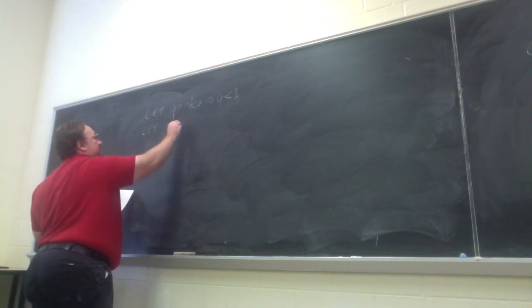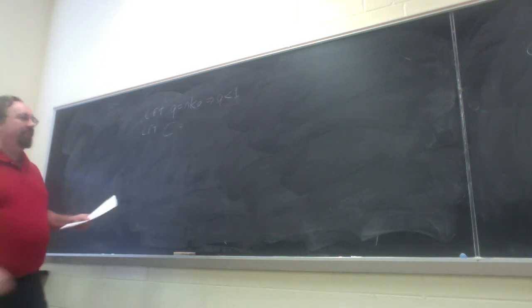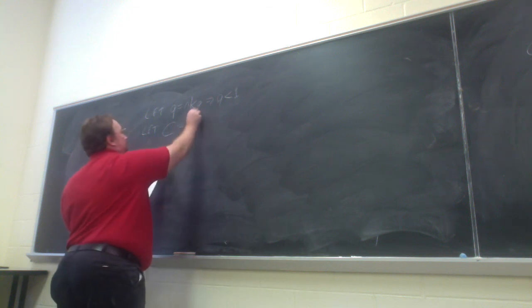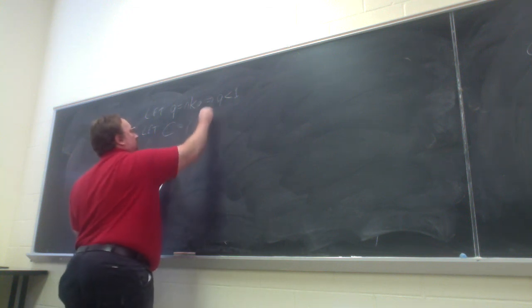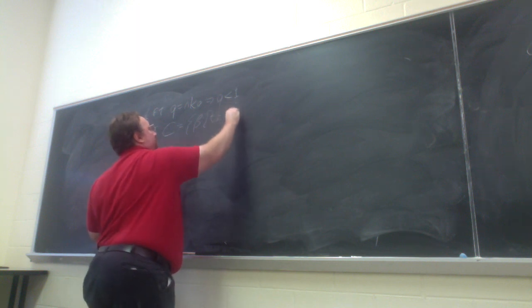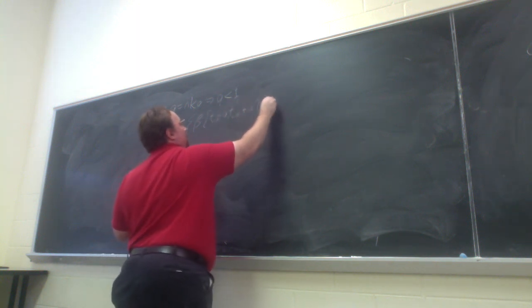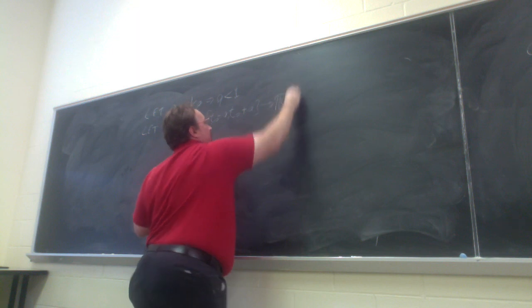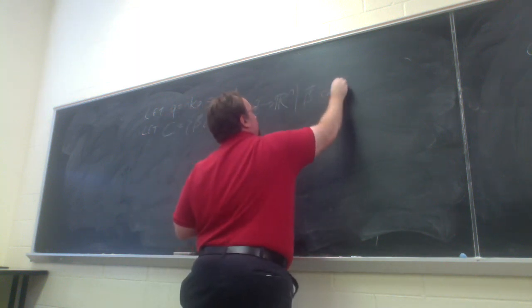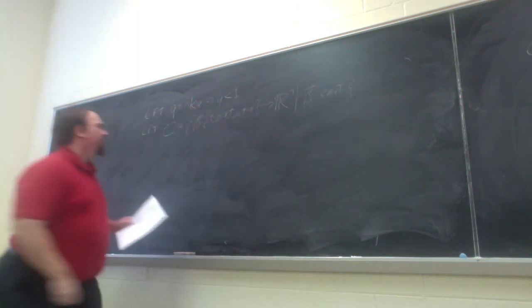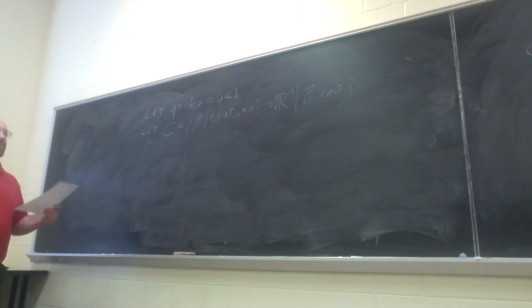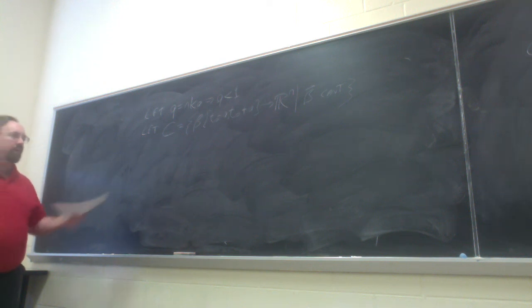I'm going to let C, as opposed to C tilde, very closely related, be the set of all curves that map the same interval, but just map into R^n. And they have to be continuous curves. Okay, so C tilde has curves that, when you traverse a curve, you stay within the spatial ball centered at C. Here you can go anywhere.